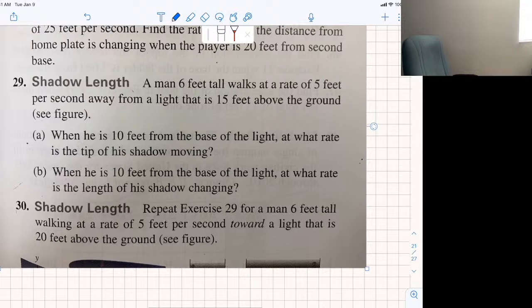If it's different, can you tell me how they are different and why? So let's think about answer A and answer B. He is 10 feet from the base of the light, and at what rate is the shadow moving? And when he's 10 feet from the base of the light, what is the rate the length of the shadow is changing? Are they the same or are they different?